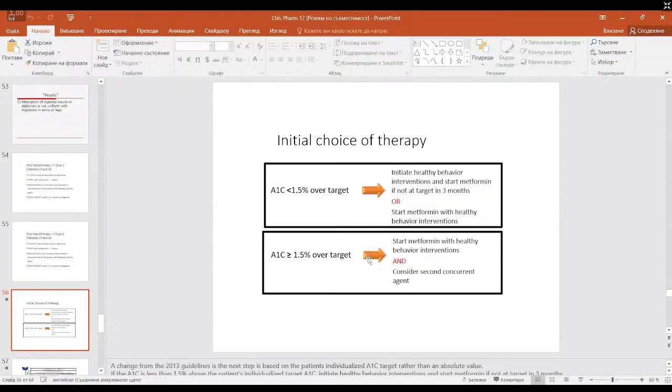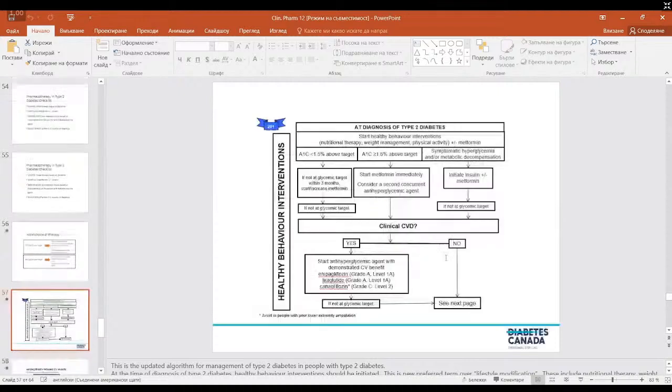But if the patient has very high levels of blood glucose, so the glycated hemoglobin is very high and we need to decrease it by more than 1.5%, then usually metformin and some other agents, either a second or third drug, should be used. Here is an algorithm of which drugs can be used along with metformin.